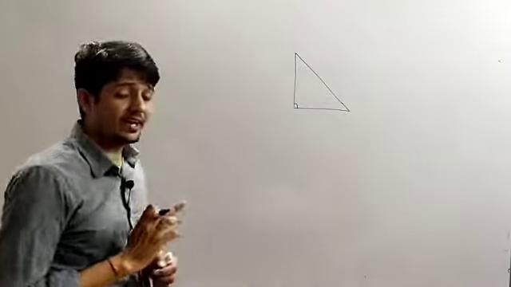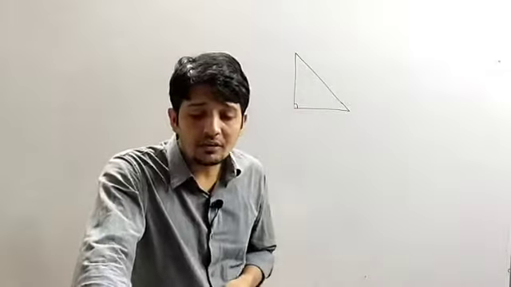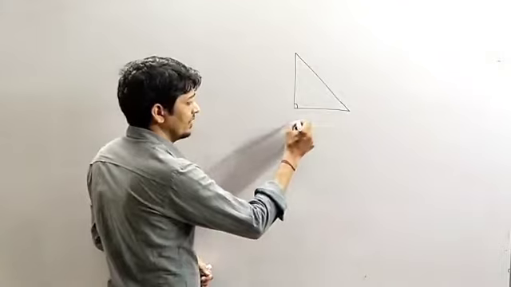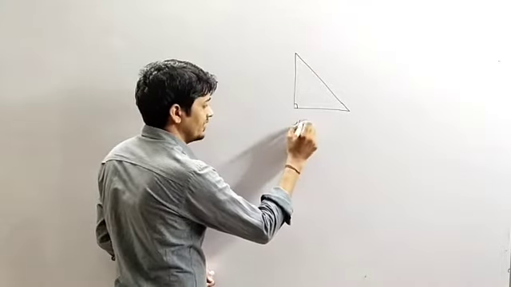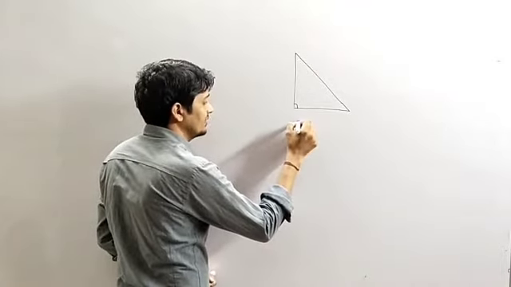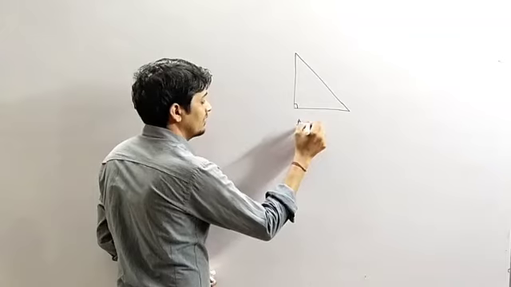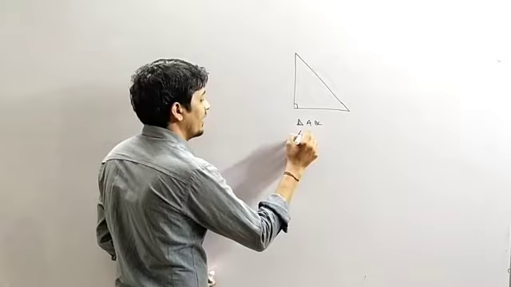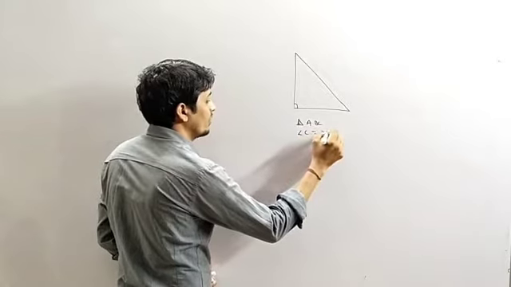This is the right angle triangle. Angle C is 90 degrees.